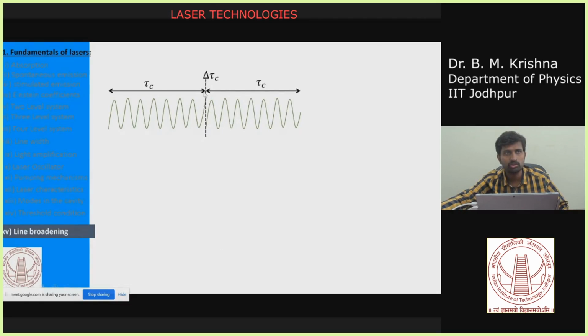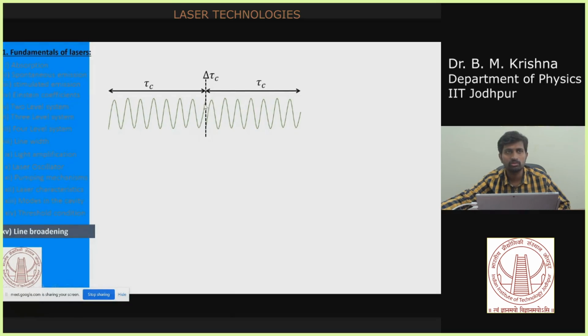During this time you have a change in the frequency, and not only the change in the frequency, it also gives you the change in the phase. Now if you see, this is the radiation frequency from the emitting atom. At this instant of time your phase completely changes because the radiation is at a different frequency.